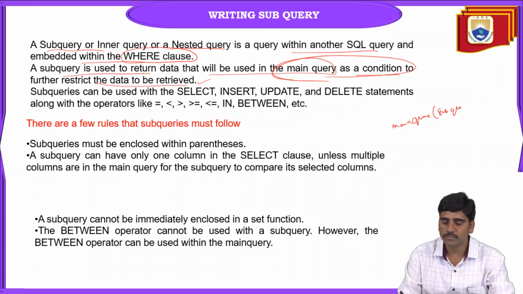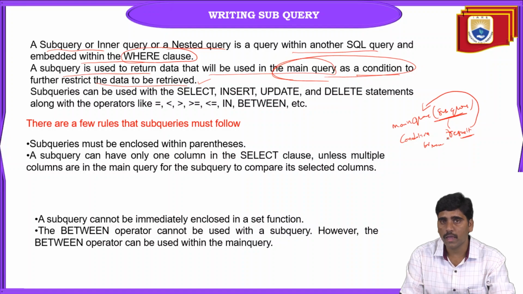That means when you write a main query, inside that main query you can write a subquery. The result produced by the subquery will act as a condition for the main query.